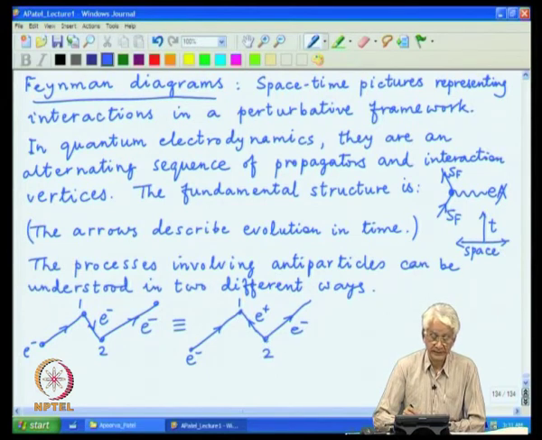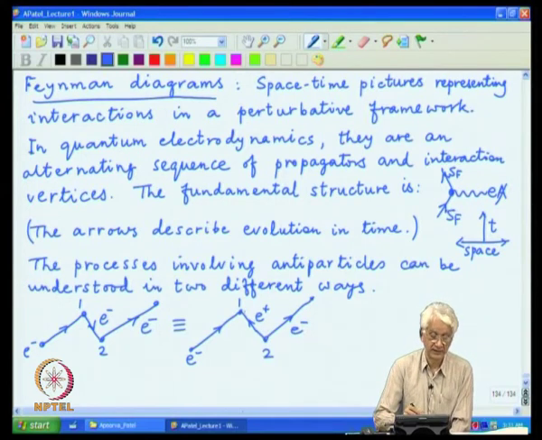At point 2 there is a production of an e+ e- pair out of nothing, that is the vacuum, and this pair production is allowed by quantum mechanical uncertainty principles, provided this is short lived enough. So, it does not last forever, it is not going to produce asymptotic states, but one of the particles can be asymptotic, can go to infinity, and that is the second e-. The e+ which is produced in this pair production now can annihilate with this e- coming from the initial state at point number 1, and there the annihilation now goes back to vacuum.